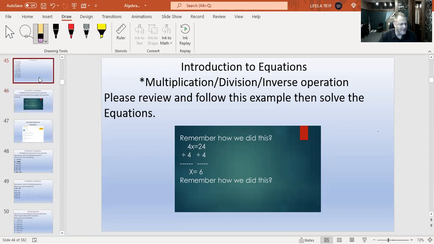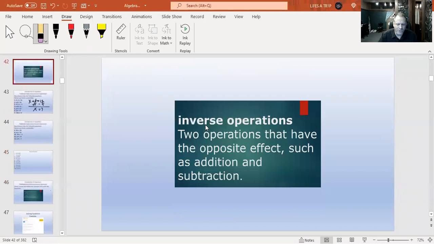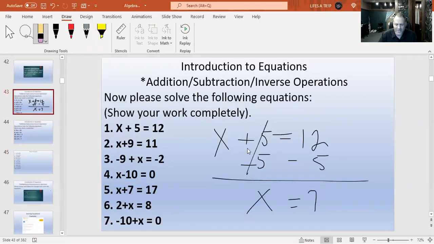All right, so guys, let's take a look back at the inverse operations, two operations that have the opposite effect. Last video, we learned about addition and subtraction. We had a +5 in our problem, such as number 1, and we had to get rid of that 5 to get the x by itself.